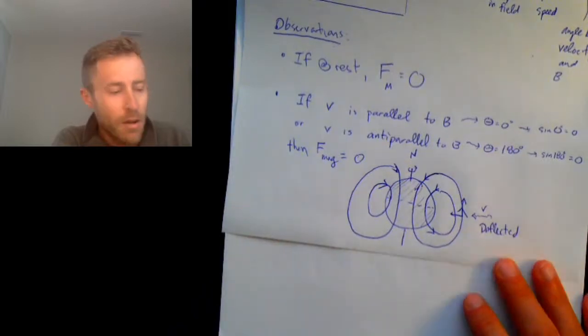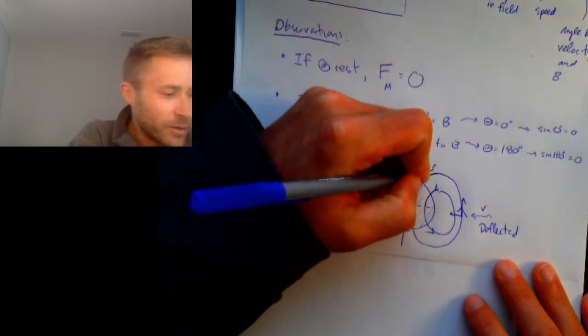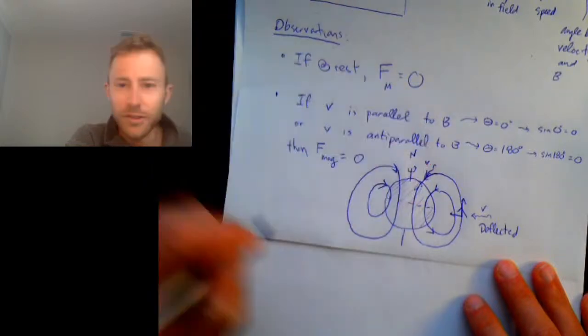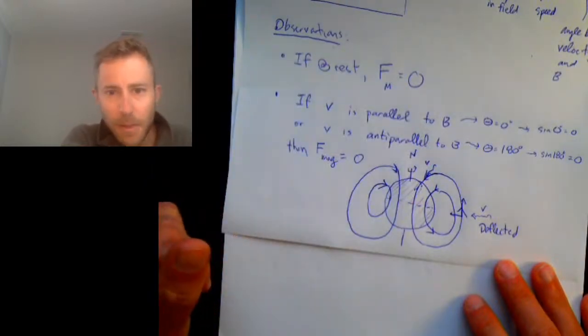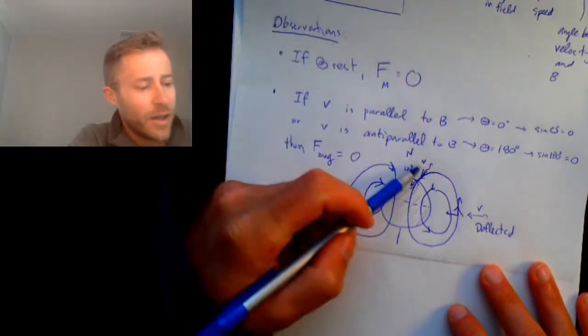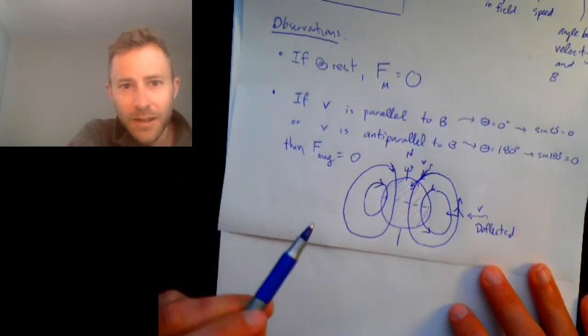Okay? However, what if a particle comes in from the North Pole and it's coming down towards the Earth, what if that's the velocity? Here, then the velocity and the magnetic field are parallel to each other, and so there's no magnetic force.